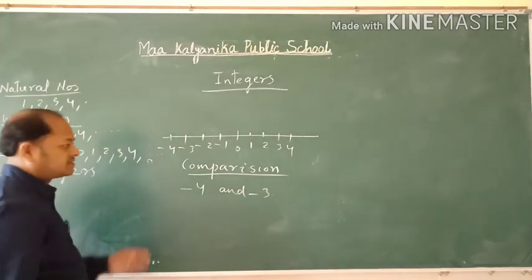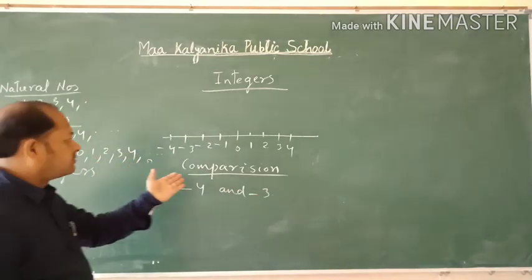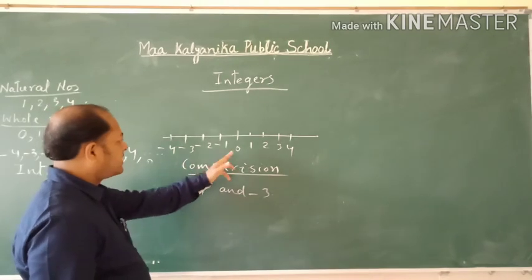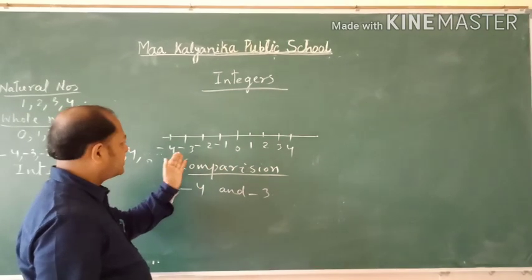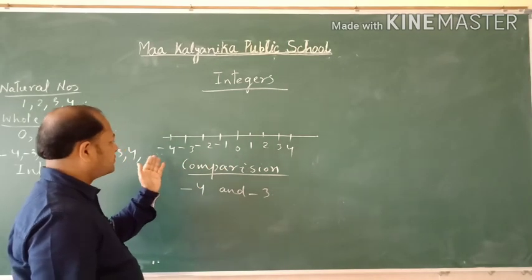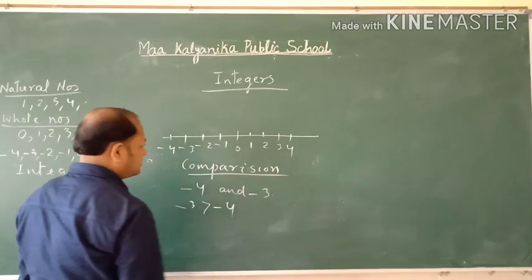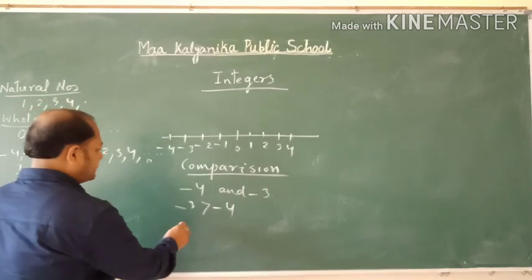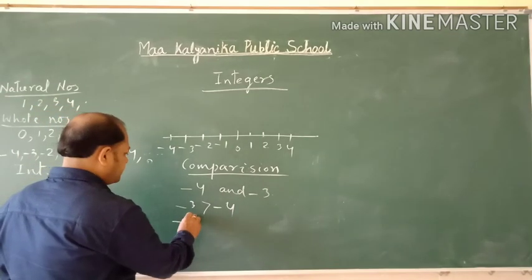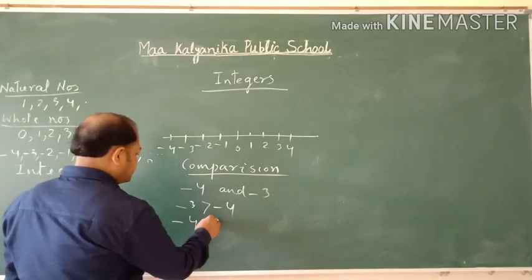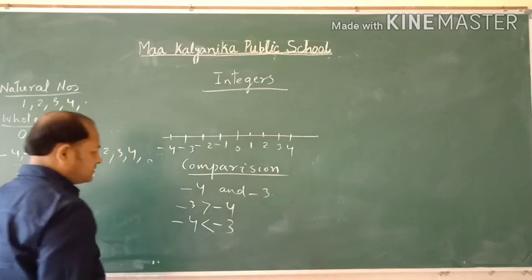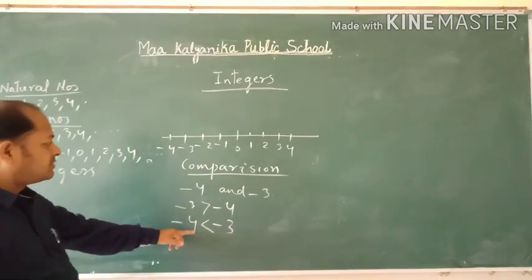How to know which is greater, which is smaller? From the number line we see that -3 is nearest to 0 and -4 is farthest. So here -3 is greater than -4. And we can write like this also: -4 is less than -3. This is the greater than symbol, this is the less than symbol.